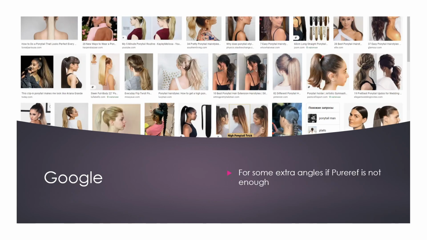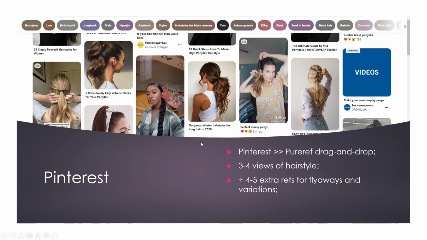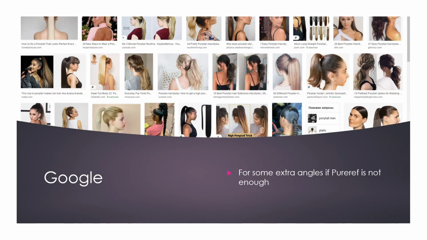Also, when I'm missing some important references, for example, the exact views that I couldn't find on Pinterest, and it happens sometimes, I usually go to Google. I just type in, for example, ponytail, the front view, or ponytail, the top view. Google is extremely useful in this way, because for some specific angles, it really gives you what you want.